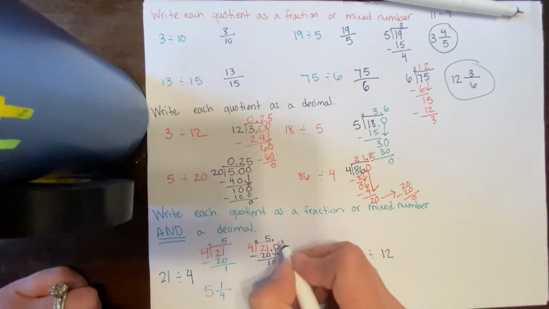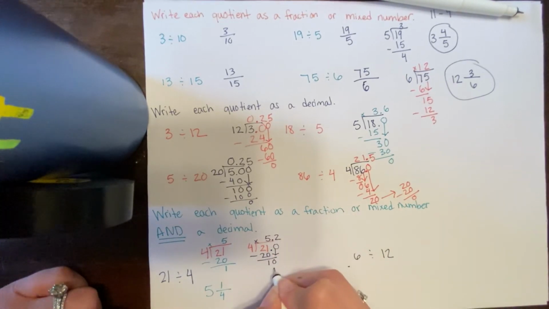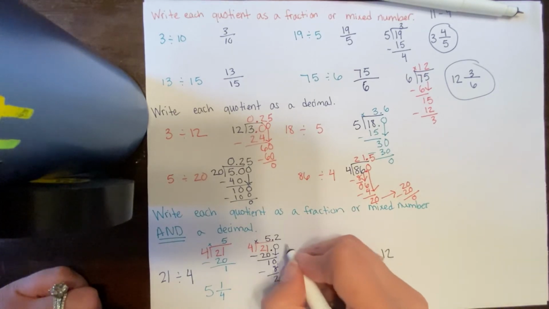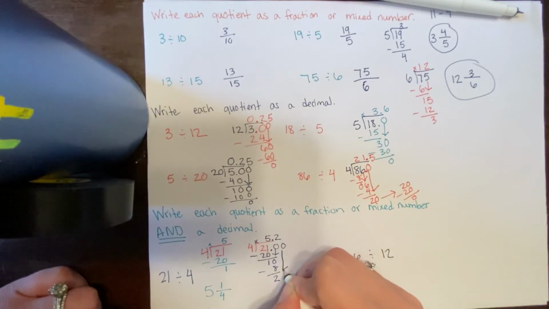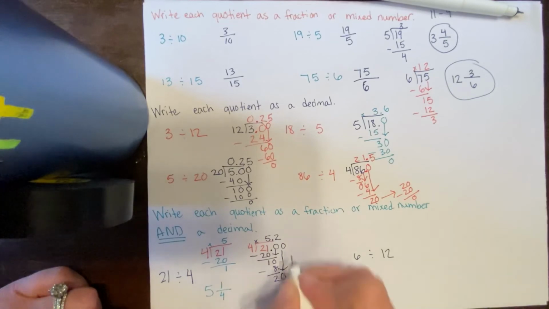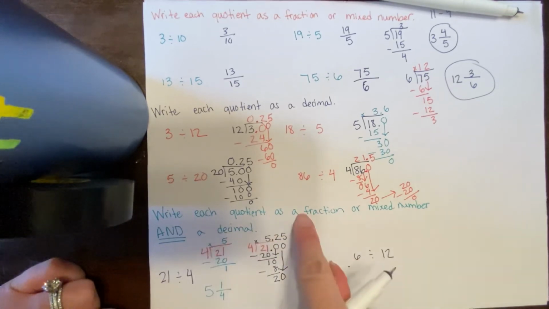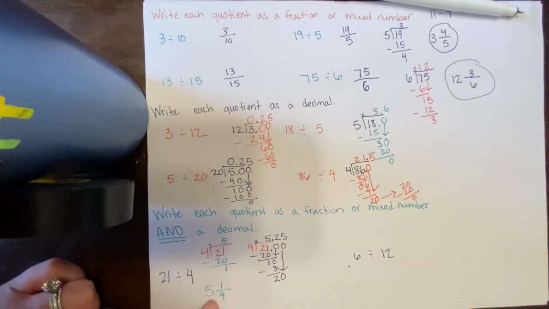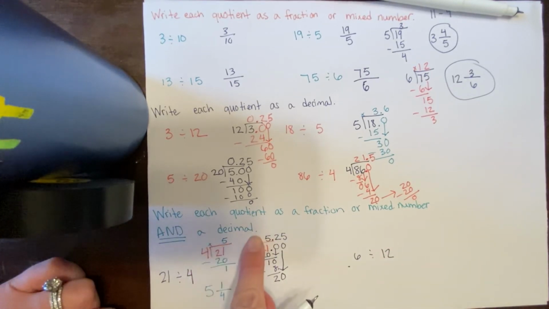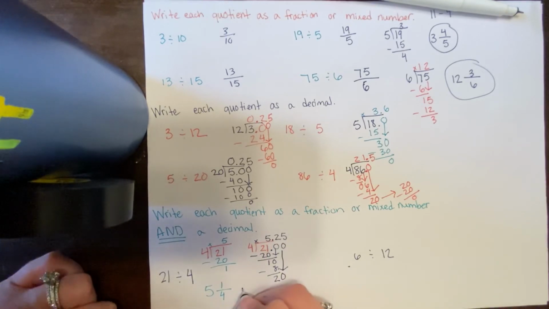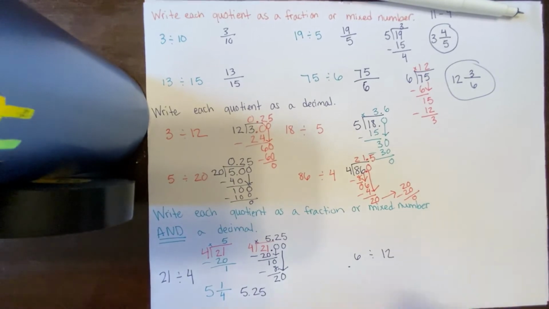And don't forget to bring that up twice. That's going to give me a 2. 4 can go into 20 5 times. So that gives me my answer for both the mixed number and the decimal answer of 5 25/100. So that gives me both of them.